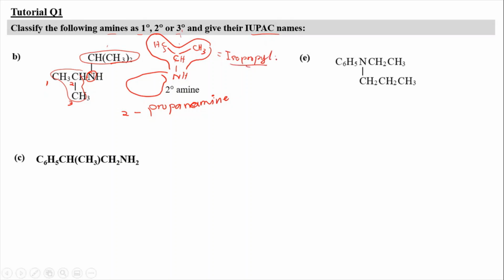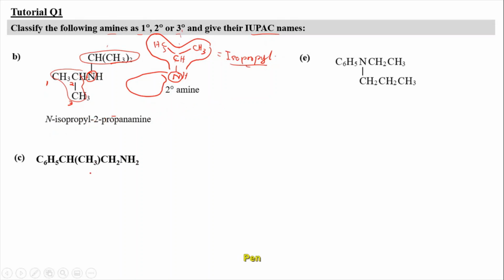So the substituent that you have is isopropyl, and the isopropyl is attached at N. So the full name is going to be N-isopropyl 2-propanamine.